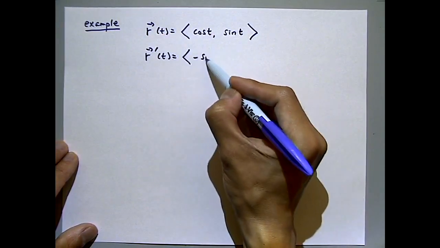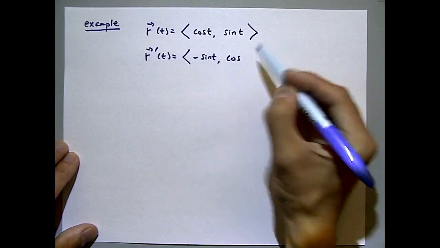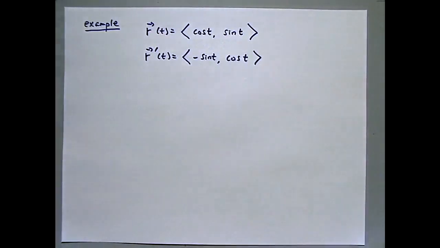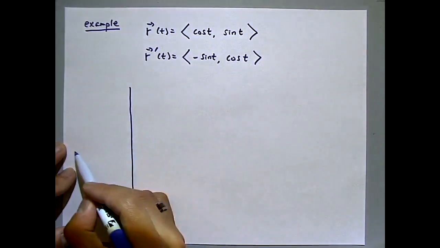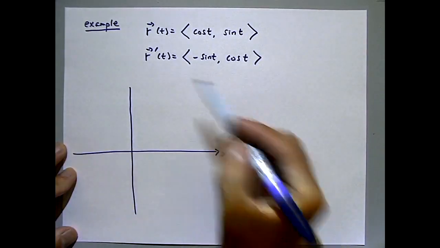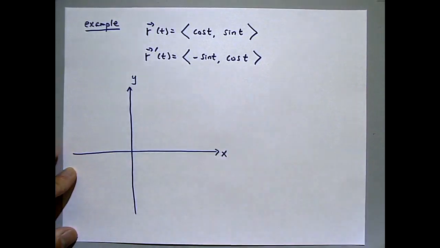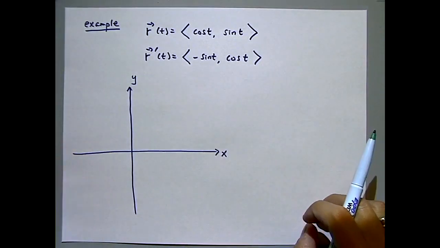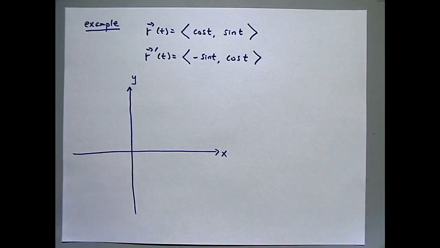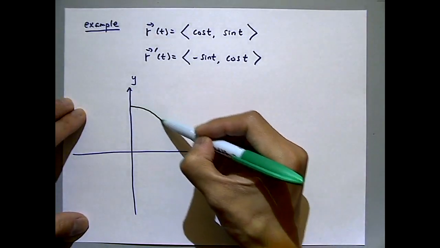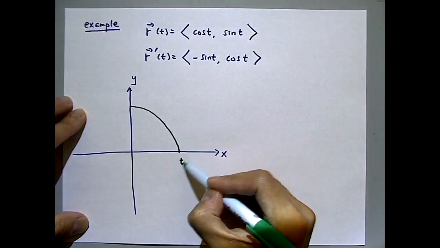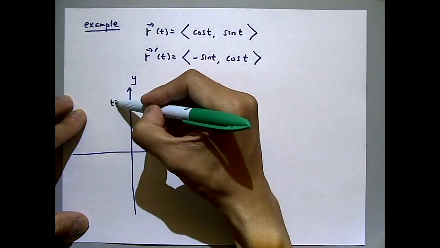And earlier we got that the tangent vector at all t is equal to negative sine, positive cosine. And I'm going to sketch just a portion of this, the first quadrant portion. This starts at t equal to 0, ending at t equal to pi over 2.